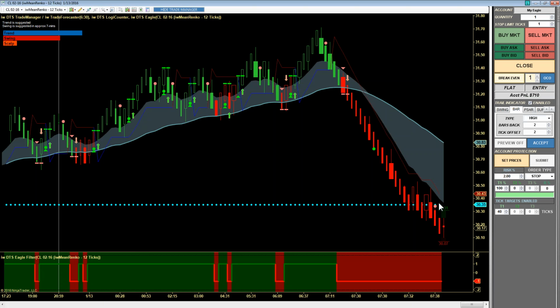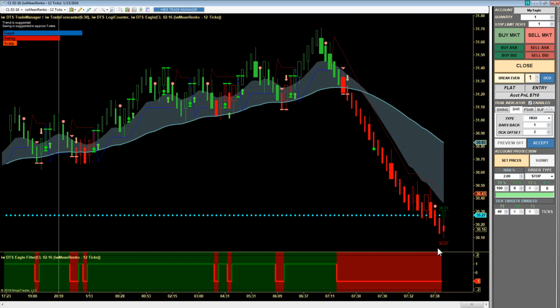So I went to the bar high low. My stop was only 2 bars back. I could have made it more aggressive still. I could have gone 1 bar back with a 1 tick offset or a 2 tick offset. But hey, I'll take it. $700 is still fine by me.